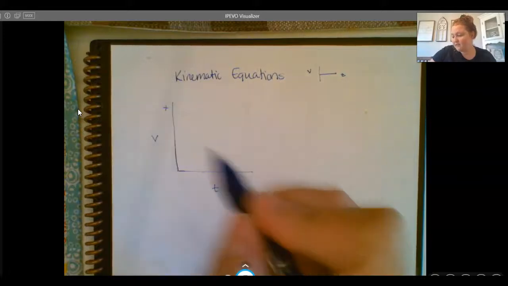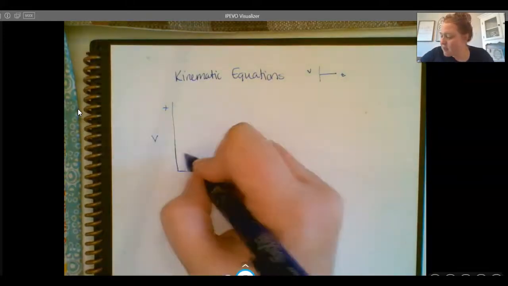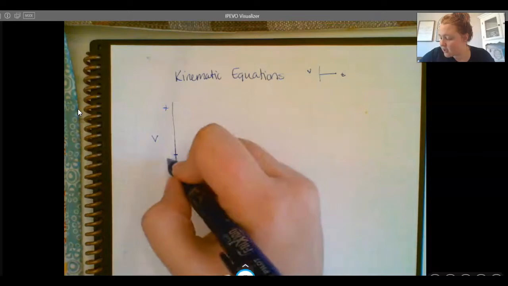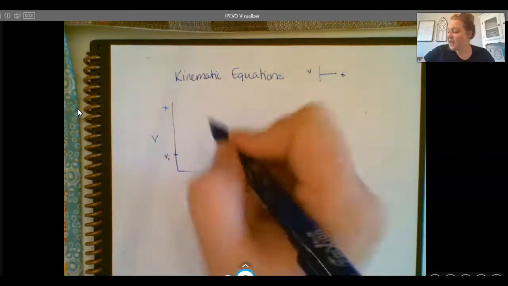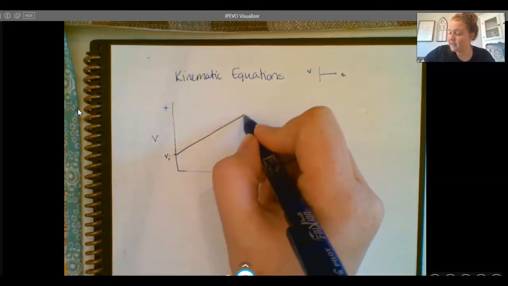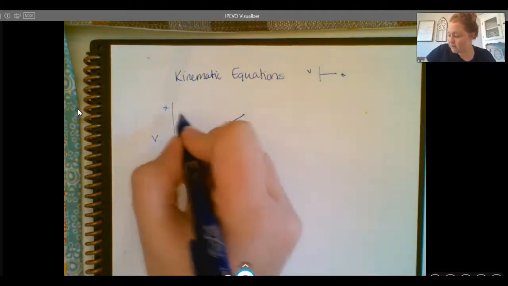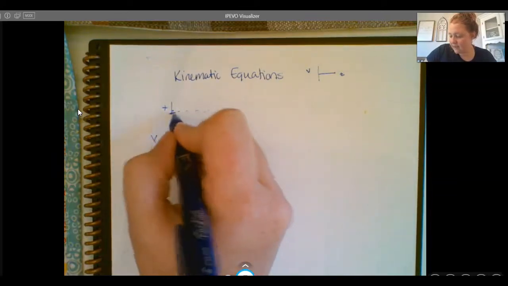So we have positive velocity and of course positive time. We're not going to have negative time, but let's say an object starts at an initial speed, we're going to call that VI, and over time it speeds up with a uniform acceleration until it reaches VF.